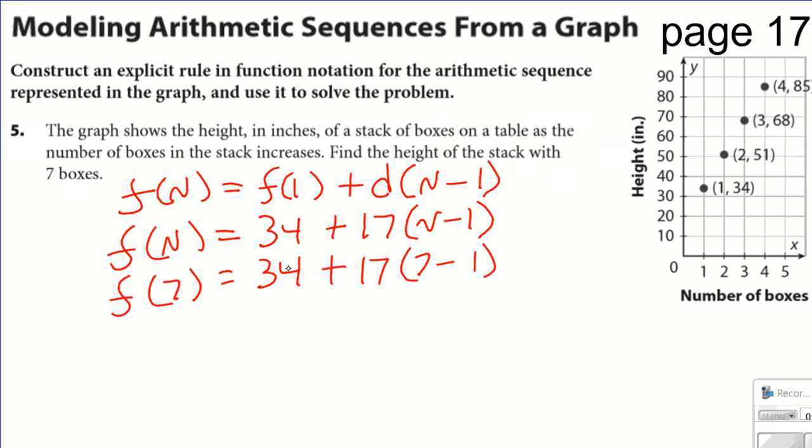Okay, now I'm going to go ahead and solve it from here. That's going to give me 34 plus 17, and then 7 minus 1 is going to be 6.